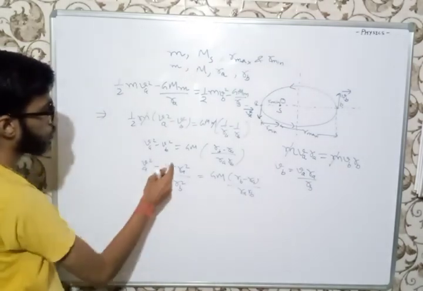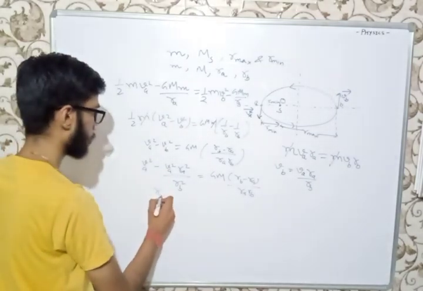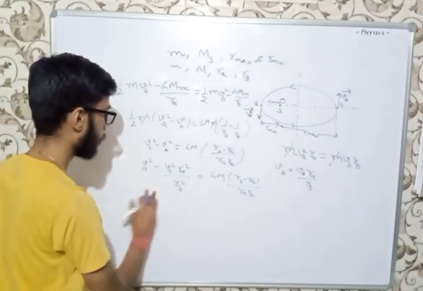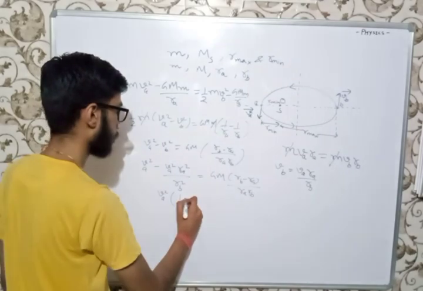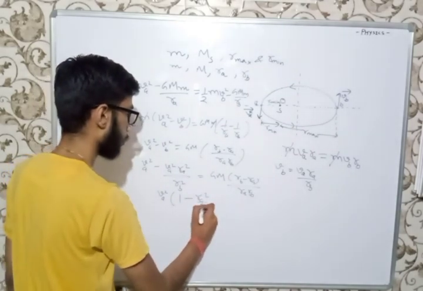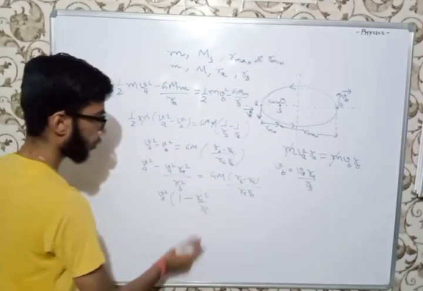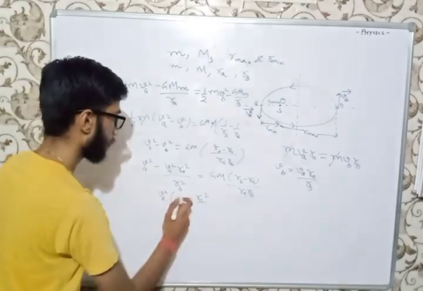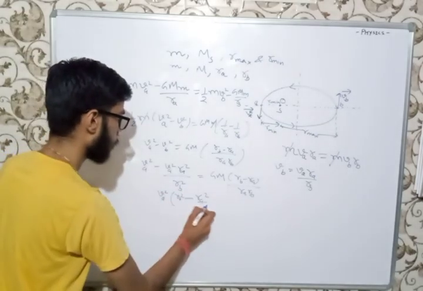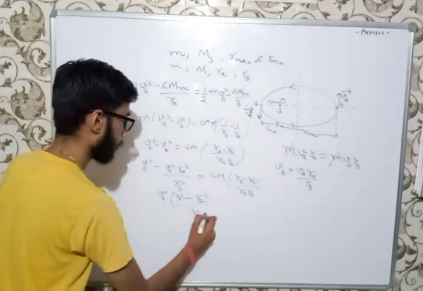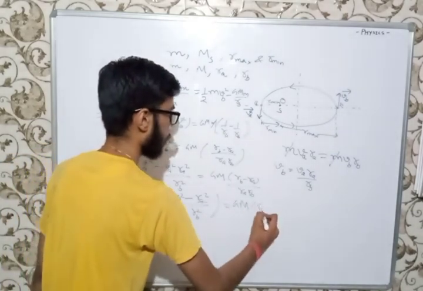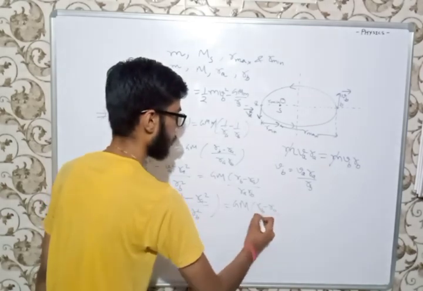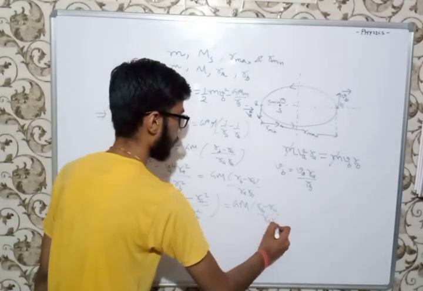I can take VA square as common. It is VA square (1 minus RA square over RB square), or I can write it as (RB square minus RA square) over RB square, equal to GM (RB minus RA) over RB.